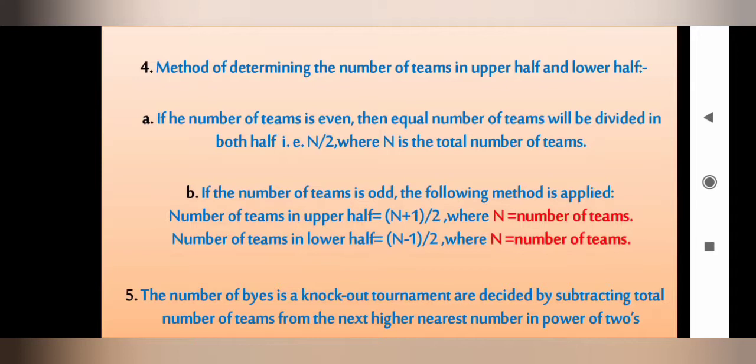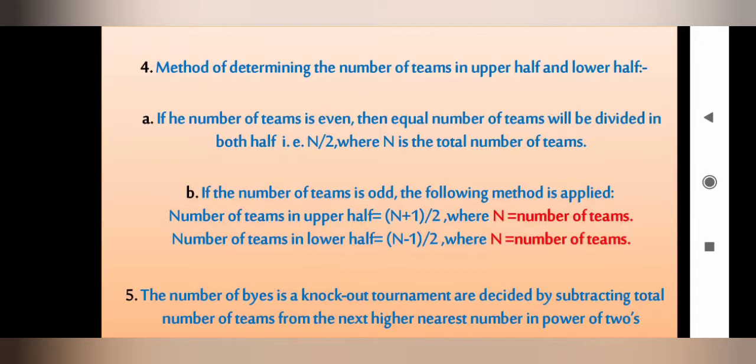Okay, and the second point is if the number of teams is odd, the following method is applied. First I told you about an even number of teams, now I am telling what to do when an odd number of teams participate in the tournament. The number of teams in the upper half is n plus 1 upon 2, and the number of teams in the lower half is n minus 1 upon 2.